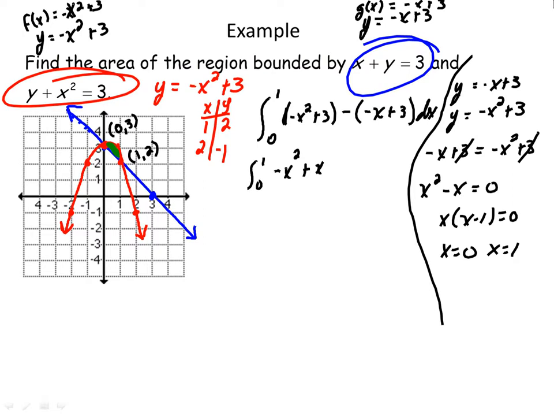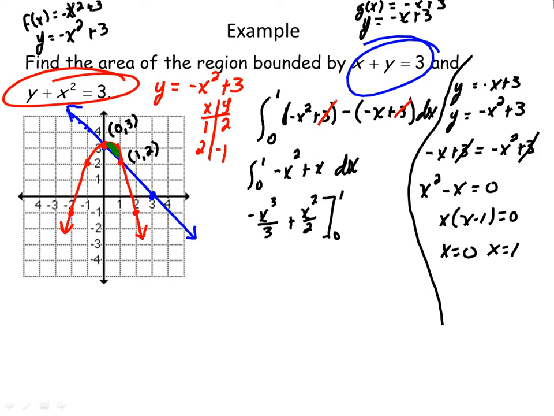So those are just going to cancel out. All right, and then we're going to evaluate that for dx. So we have the integral from 0 to 1. Let's go ahead and integrate. So let's do this. Negative x to the third over 3 plus x squared over 2. And we're going to integrate from 0 to 1.